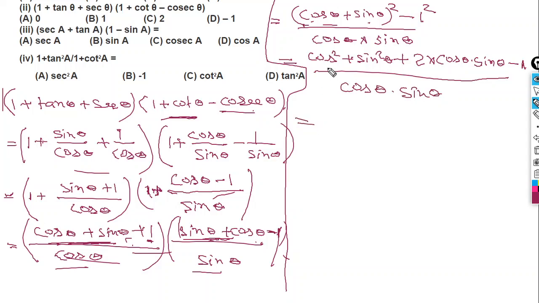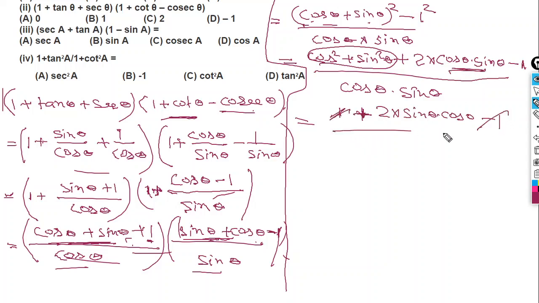Now here cos square theta plus sin square theta will become 1, so it will be equal to 1 plus 2 into sin theta into cos theta, or cos theta into sin theta, same thing, minus 1. So plus 1 and minus 1 will be cancelled, divided by cos theta into sin theta.